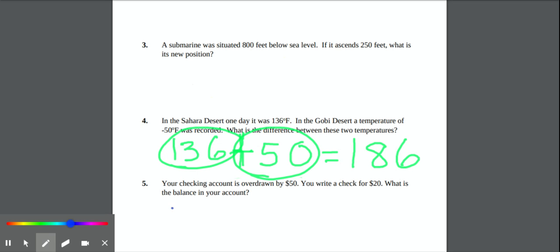So you're already starting out at negative 50, because overdrawn means you're already below your zero. Then you write a check for 20. If you're writing a check, you're giving money away. If you're giving money away, you're not plus, you're subtracting.